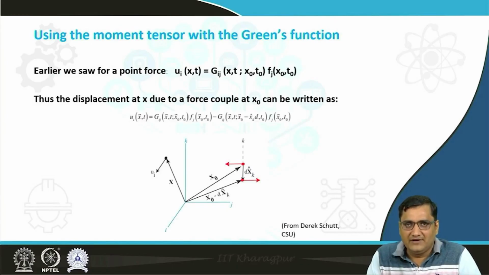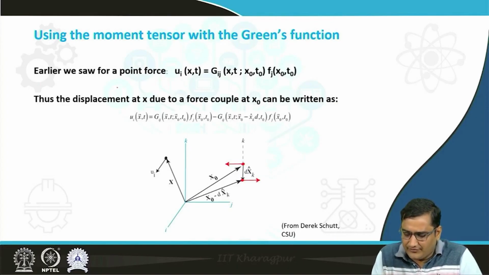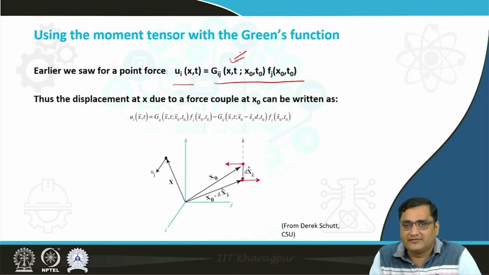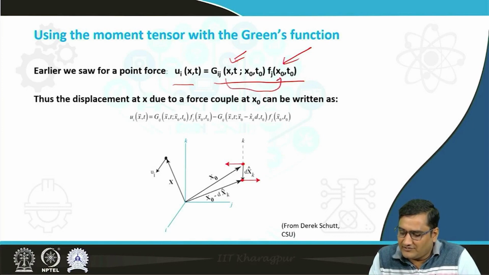When we are using the moment tensor with the Green's function, we earlier saw that for a point force, the displacement can be represented by this expression where G is the Green's function, representing the path effect, and F is the body force term. The product of both of these together will represent the displacement at a point on the earth.